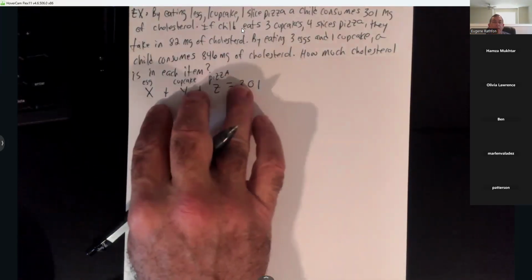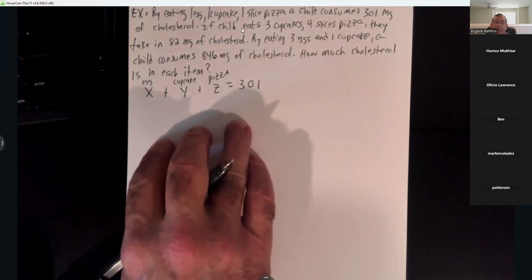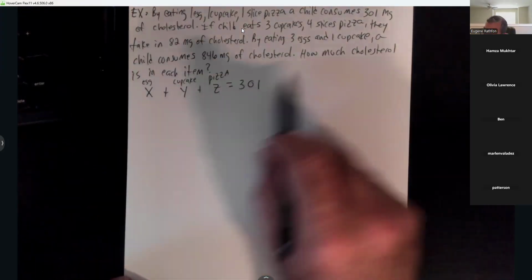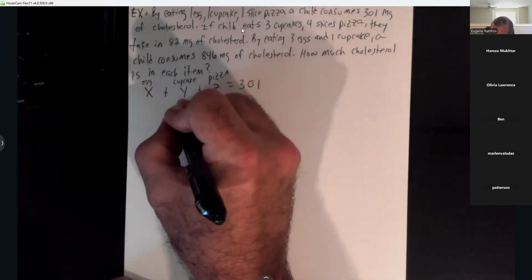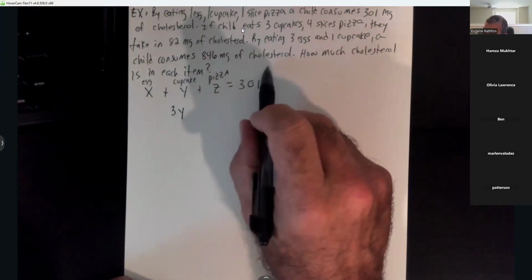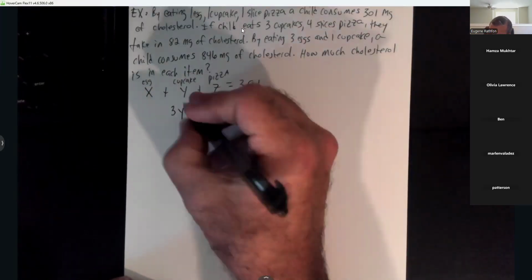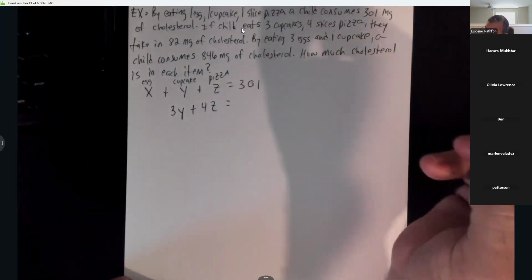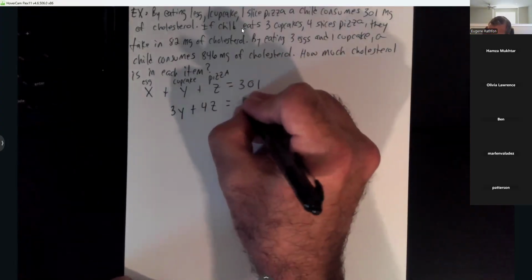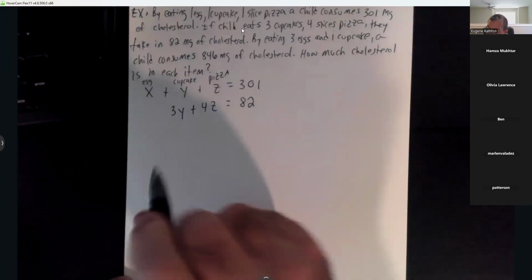I always like to put a header on what these variables represent, okay? Because this second sentence said 3 cupcakes. Well, that's going to be 3Y. 4 slices of pizza. That'll be 4Z. That row equaled 82 milligrams.